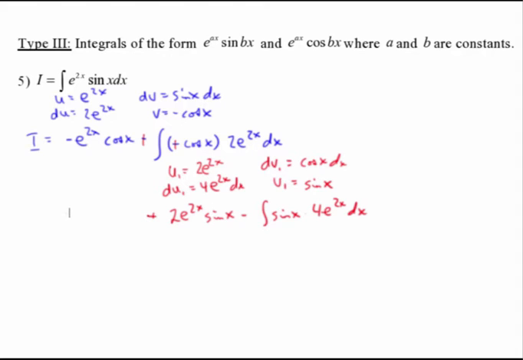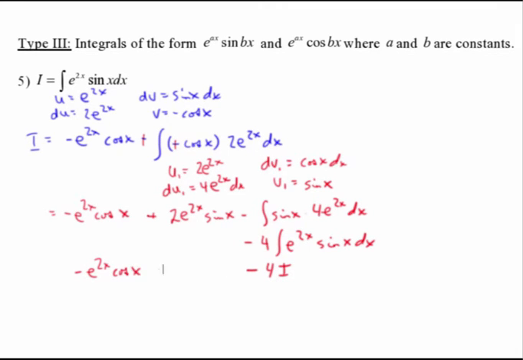And this other part we're just going to carry down. So what do you notice about this? Maybe I could rewrite it here. I'll put the 4 out, and I'll say the integral of e to the 2x sine x dx. Compare that to the original. In fact, it is the original, so what this really is is 4I.